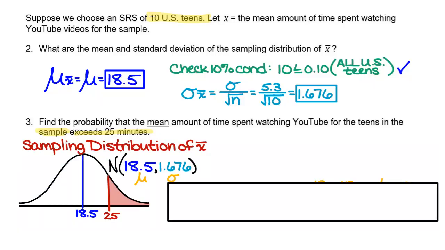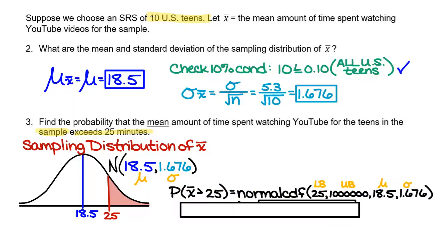So this looks very similar to what we did before, except the standard deviation is the only thing that's different here. So now I want the probability that X bar is greater than 25. Lower bound, upper bound, mean, and standard deviation.